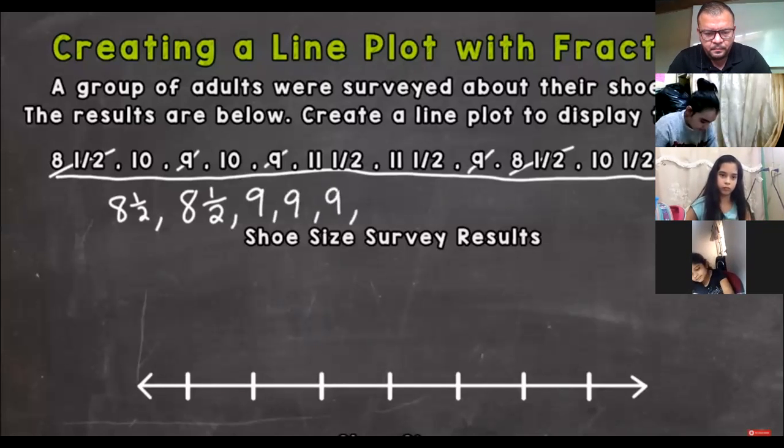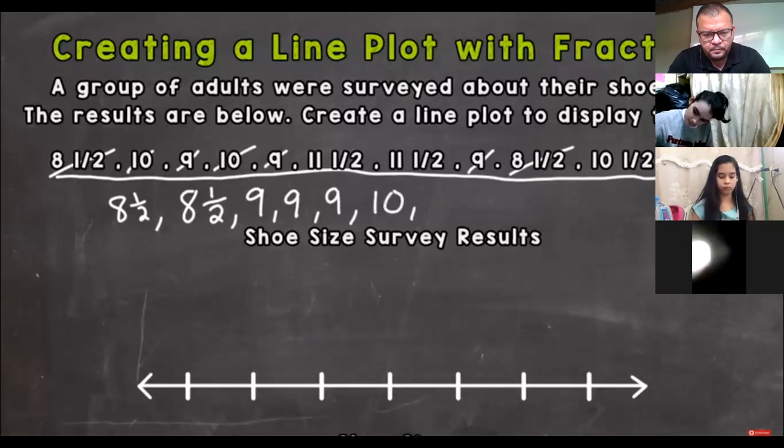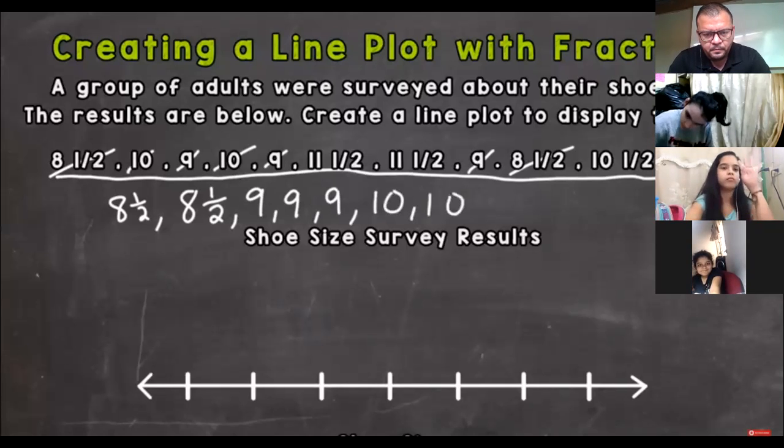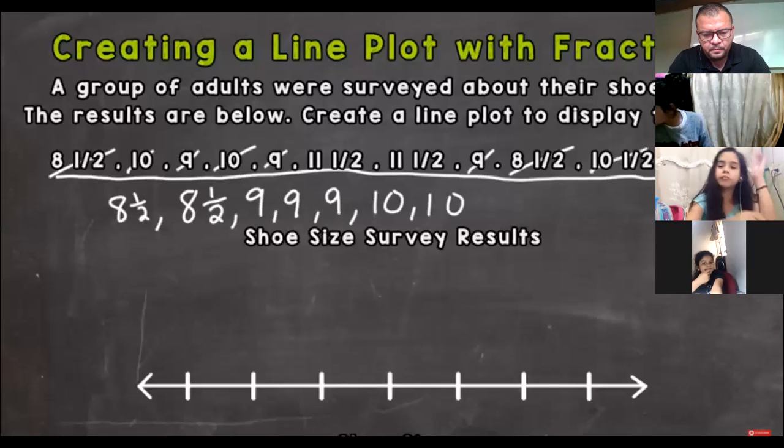Next would be 9.5, which it doesn't look like we have any. So we would jump up to 10, and we have 1, 2, and that looks like it for 10, so 2 10s here. And then 10.5, which we have 1 here.